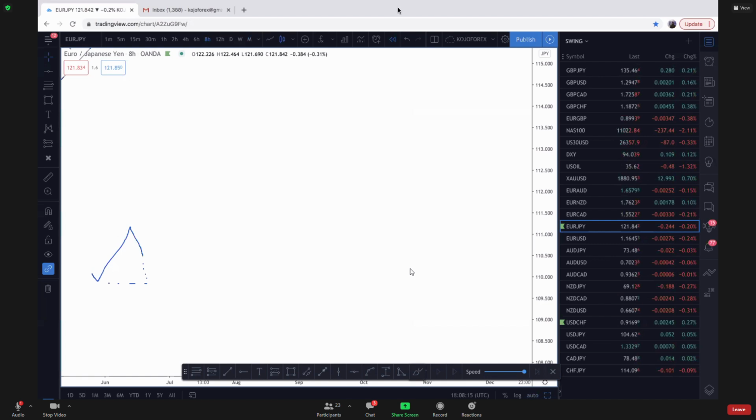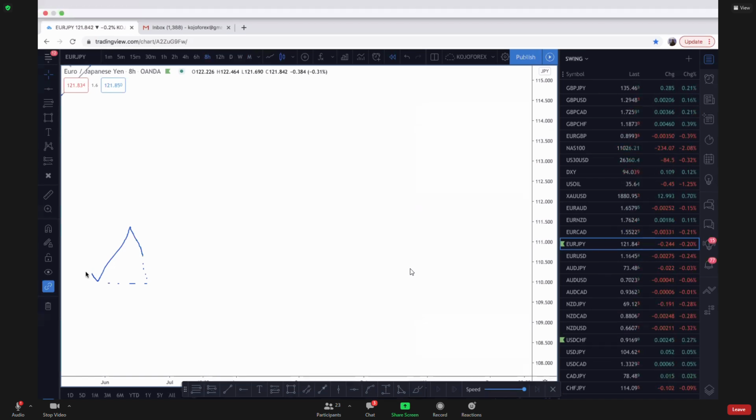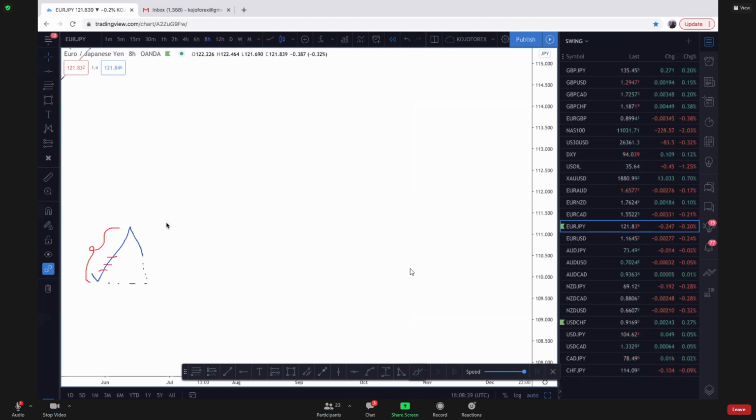We could call here 60, here could be 70, 80, 90, 100, and so on. So if the market trades all the way to this point, we could say it has pulled back 50% of the initial move, right?